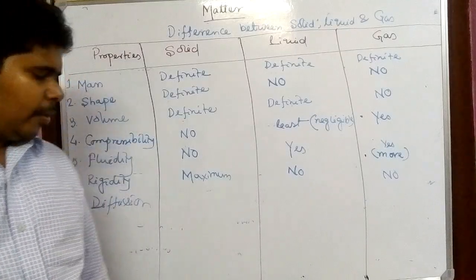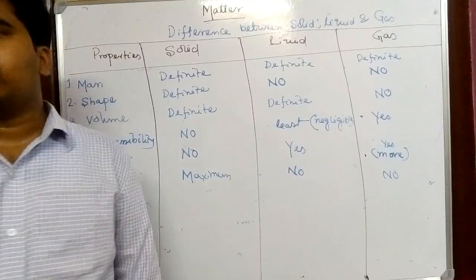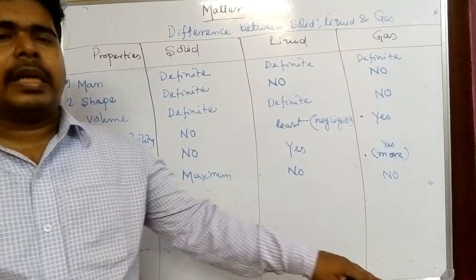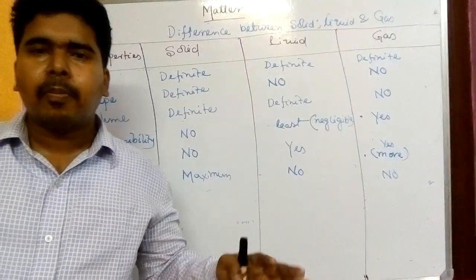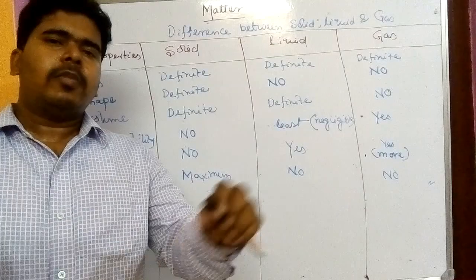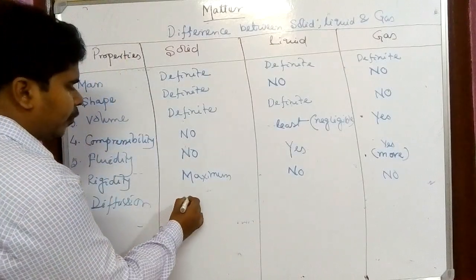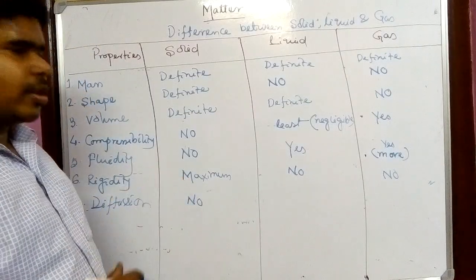Assume I have kept one solid substance in one corner of the room. If you come after some time, you will see it will be there. The solid cannot move to another part of the room. It cannot diffuse. So for solid we can say the diffusion is less or there is no diffusion.